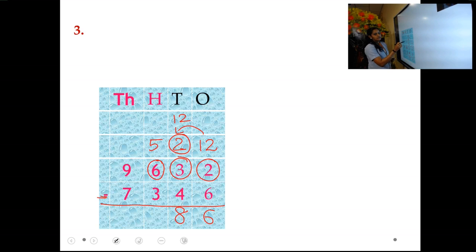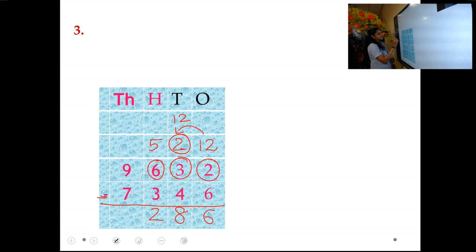Here also 8. Now move to the 100 place. 100 place numbers are 5 and 3. 5 in mind, 3 in hand. 5 before, 4, 3, 2. Okay.